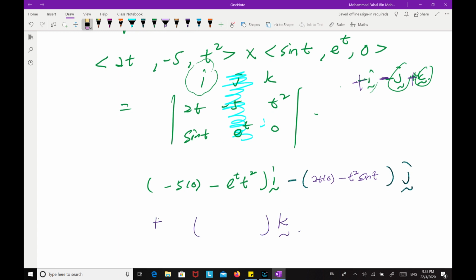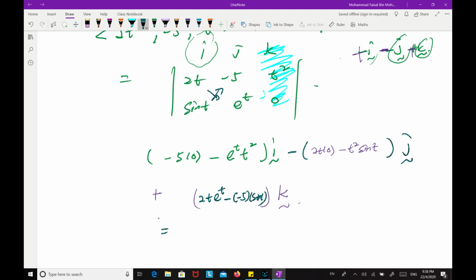So when you do like this, you have to close the k, and find the determinant. So 2t times with e^t minus 5 times with sine t. Let's say a, b, c, d: ad minus bc.